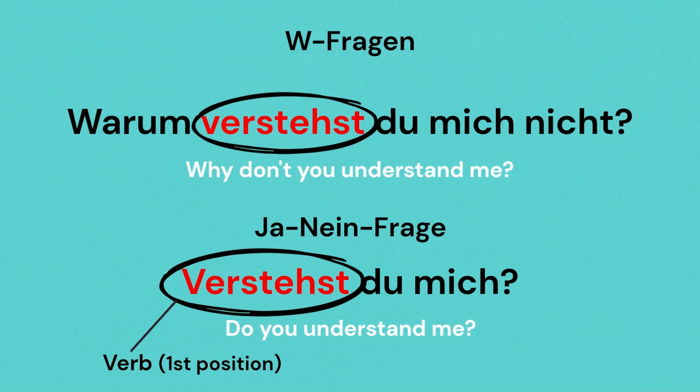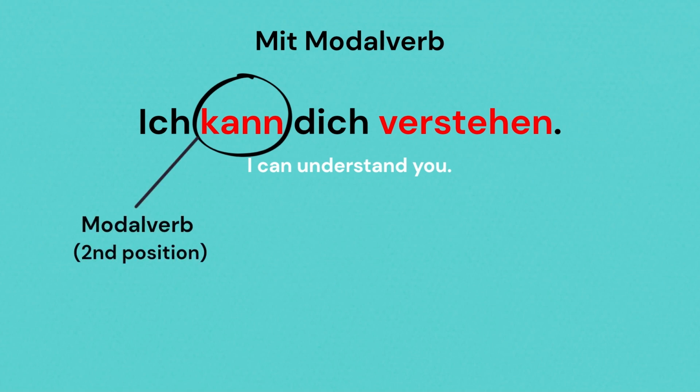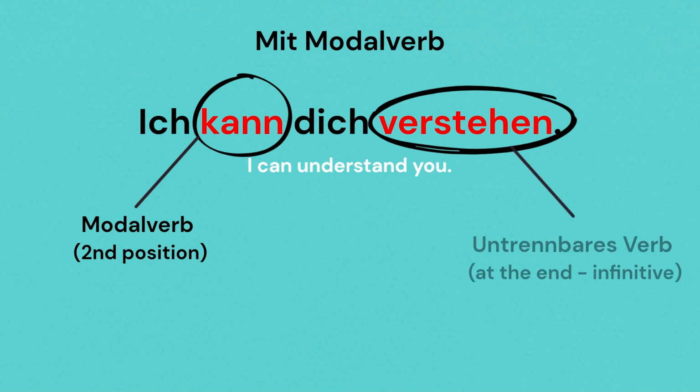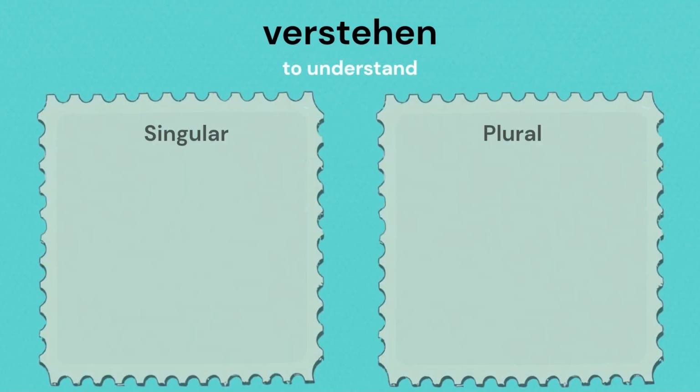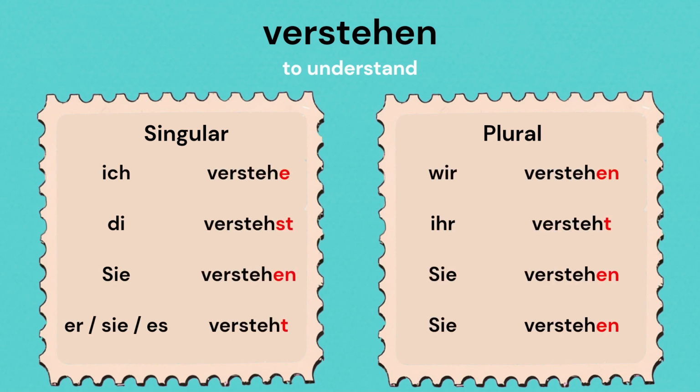Now let's see what happens when we use this verb with a modal verb. Ich kann dich verstehen. So like with all other verbs, the modal verb will be in the second position, conjugated, and untrennbares Verb will be at the end of the sentence and in infinitive. Now let's see how to conjugate the verb. Since the prefix is not going to be separated from the verb, the conjugation is very simple.